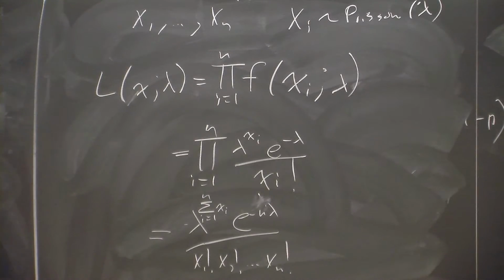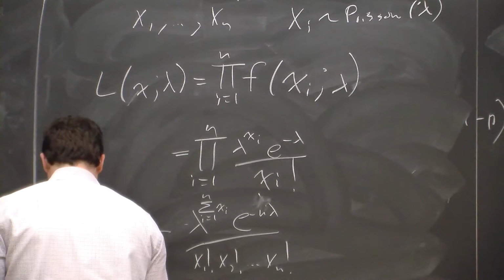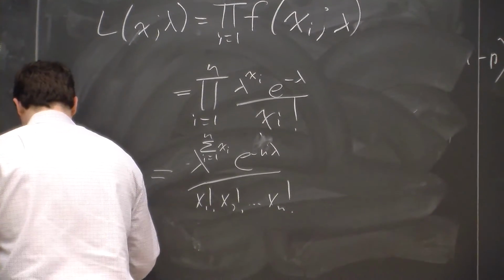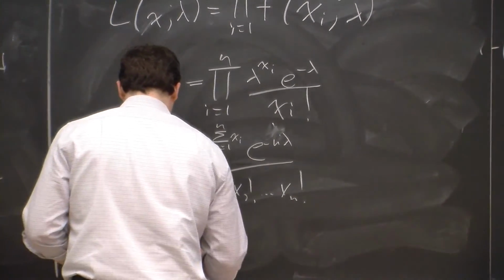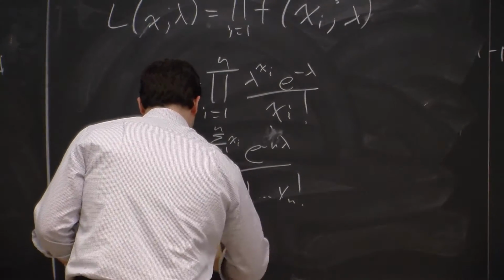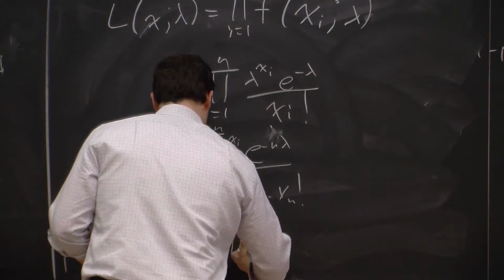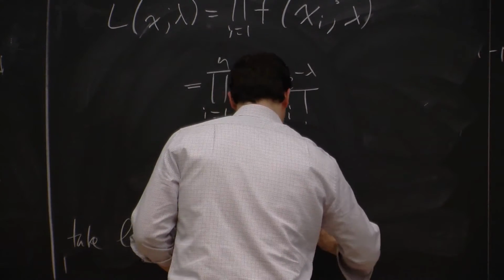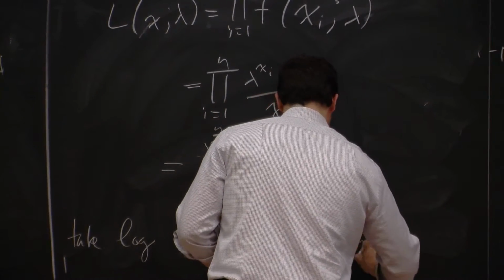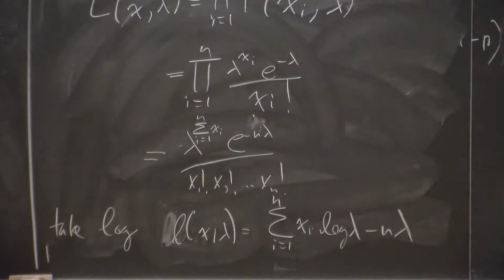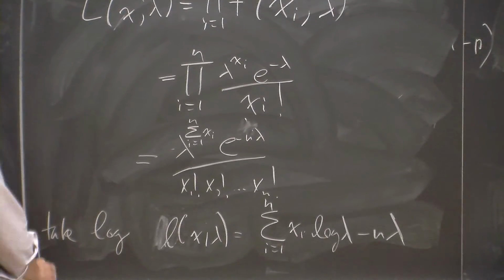Then we can take the log likelihood function. So log L of x, lambda is the sum from i equals 1 to n of xi log lambda, minus n lambda, ignoring the constant terms in our maximization.